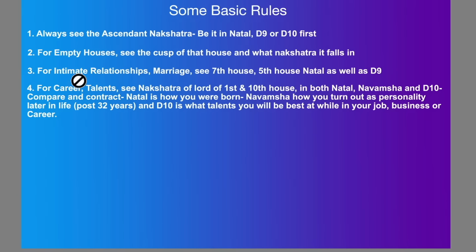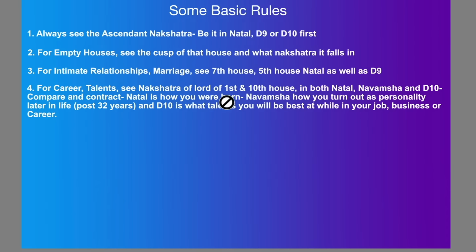Number 3, for intimate relationships, marriage, see 7th house, 5th house, natal as well as D9 and the nakshatras thereof or the planets sitting thereof. Okay. For career talents, see nakshatra of the Lord of the 1st and 10th house in both natal, Navamsha and D10. Compare and contrast.